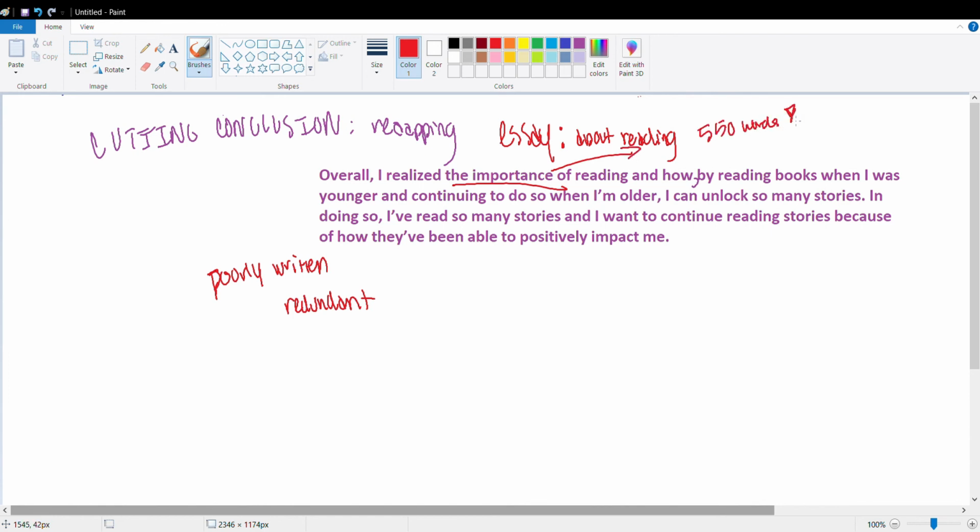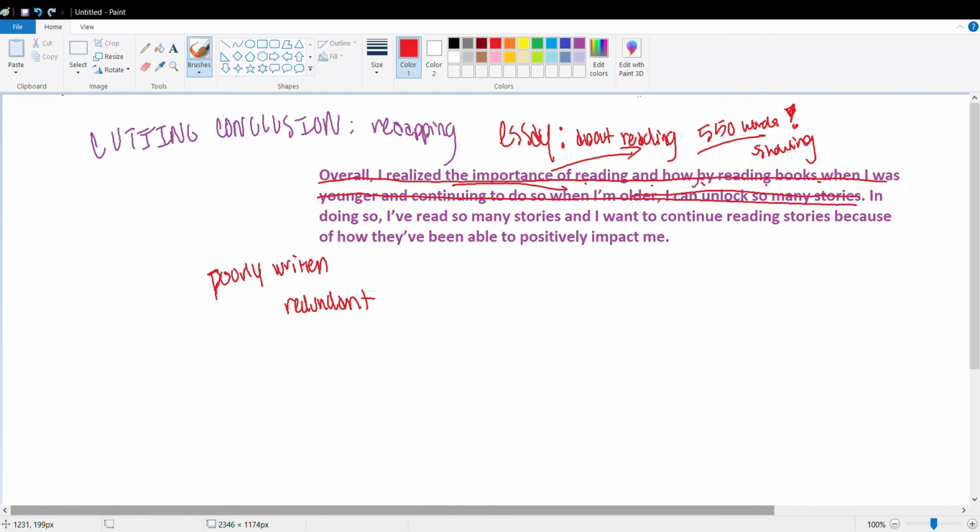So why am I writing the sentence saying again, books are important to me, when I wrote 550 words showing why books are important? So we don't really need this sentence at all because that's what those 550 words already described.